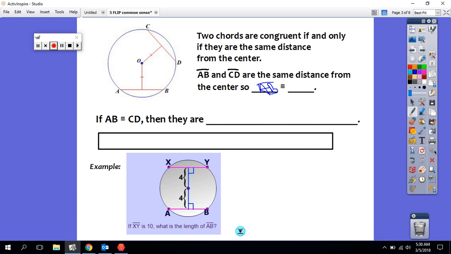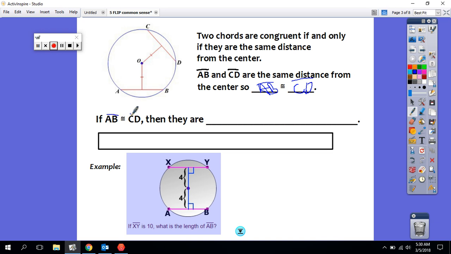So chord AB is congruent to chord CD. Alright, and again it works both ways.